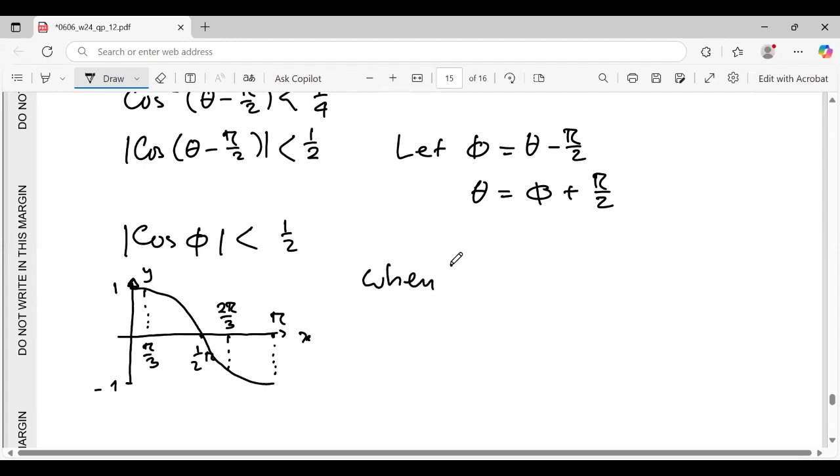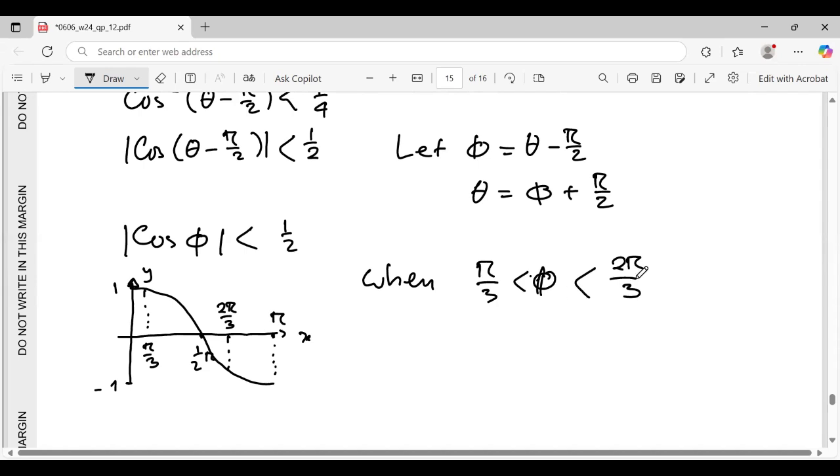So we can find the values where cosine phi is less than 1/2. It occurs when phi is greater than pi third and less than 2 pi third. If you check, the value of cosine phi less than 1/2 occurs on this interval.